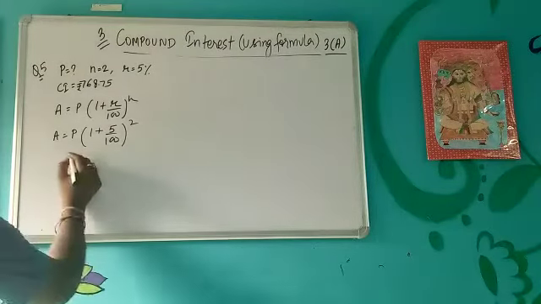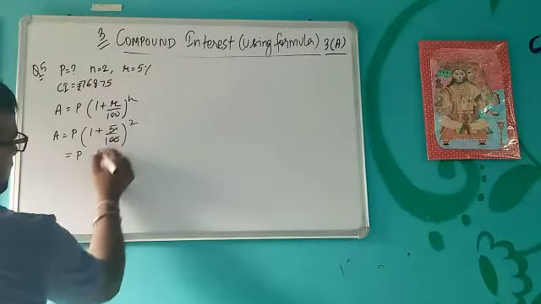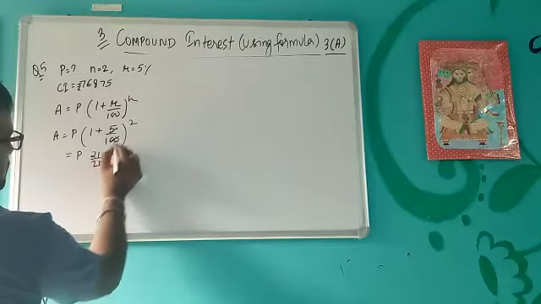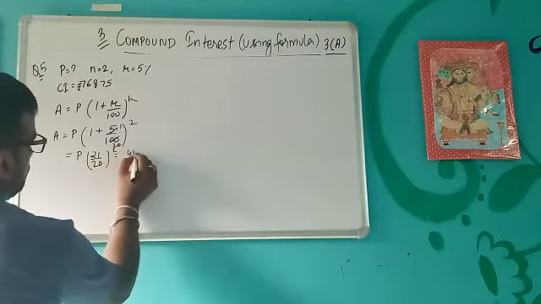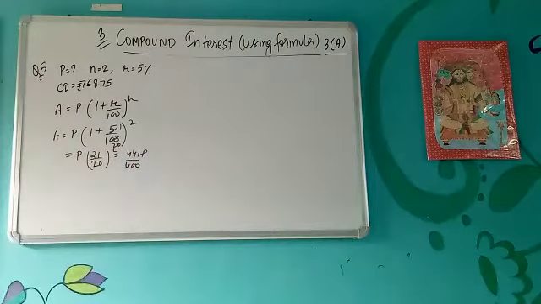Then after solving it, what will we get? It is 21 upon 20 squared, that is 441 P upon 400. So this will be our amount.